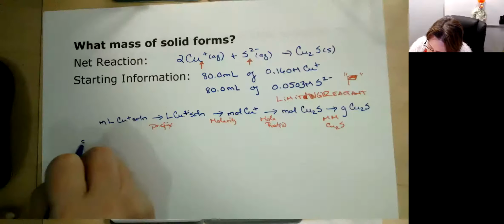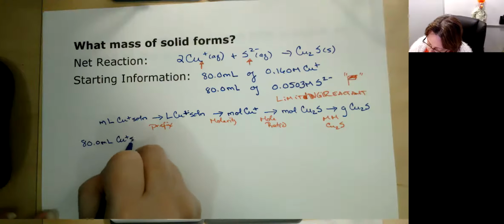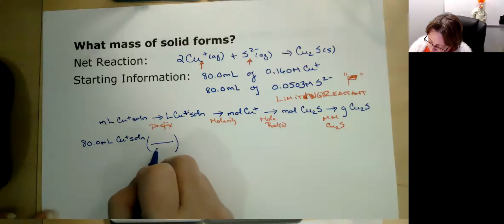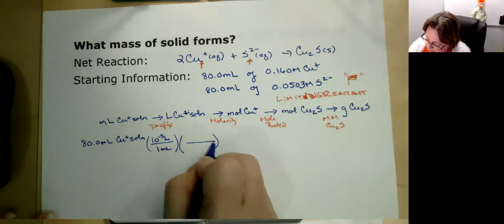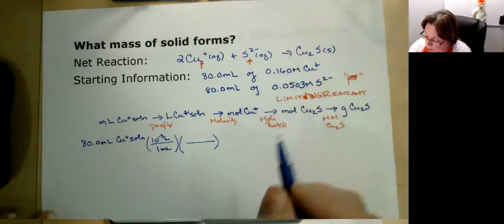All right, so we'll start with 80 milliliters of the copper solution. And for every 1 milliliter, there is 10 to the minus 3 liters of that solution. Okay. Our molarity was 0.160 moles per liter.